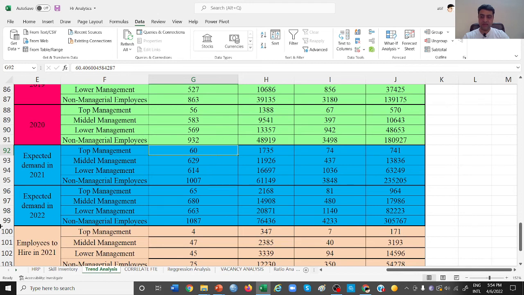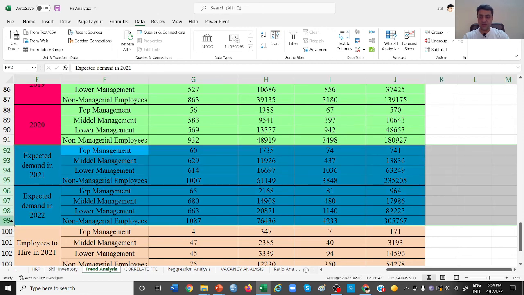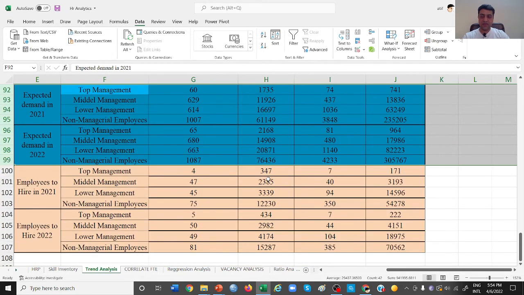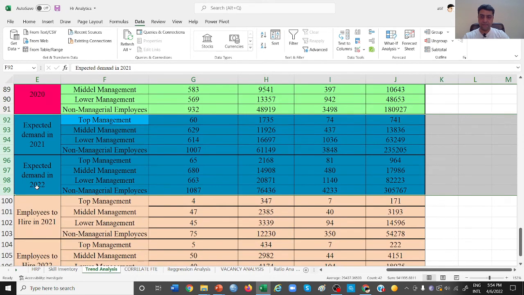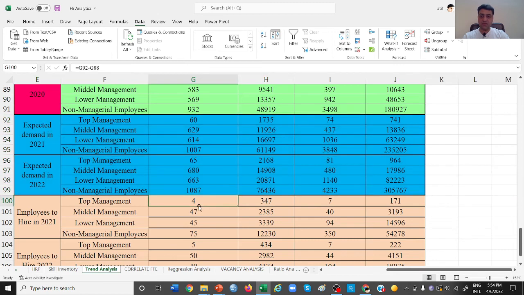The same way in 2022, we will be needing 65 people, and accordingly these type of people. Now, based on this predictive analytics, you can easily plan for your hiring. Now, planning for hiring is done based on the shortage or the surplus.